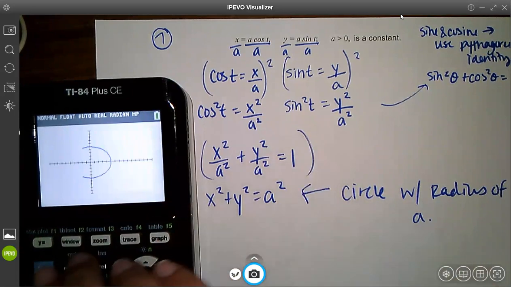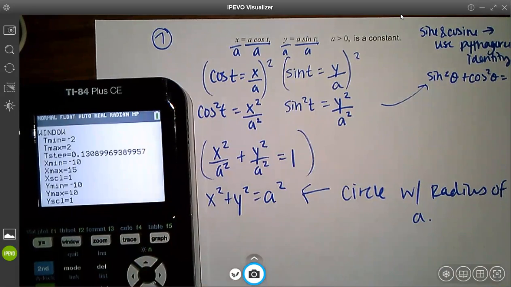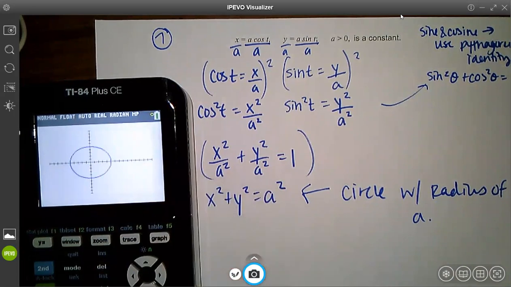My window, I would need it to go to -2 pi to 2 pi to get the whole thing, I think. There we go. The reason it's 2 pi is because it's trig, it's a unit circle, and it takes 2 pi to go all the way around. Questions?